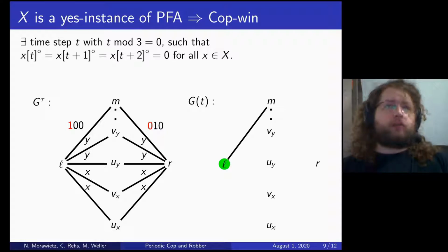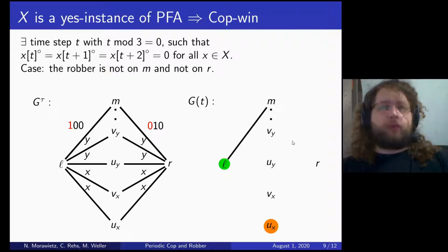And now we have 2 cases. First of all, if the robber is on any vertex except M and R, then suppose without loss of generality that he's on u_x for some sequence x. And since both edges adjacent to u_x in the underlying graph are labeled equal, we know that u_x is an isolated vertex until the beginning of some time step t prime larger than t, in which the edge between L and u_x exists, and the robber cannot escape his vertex in any previous time step.